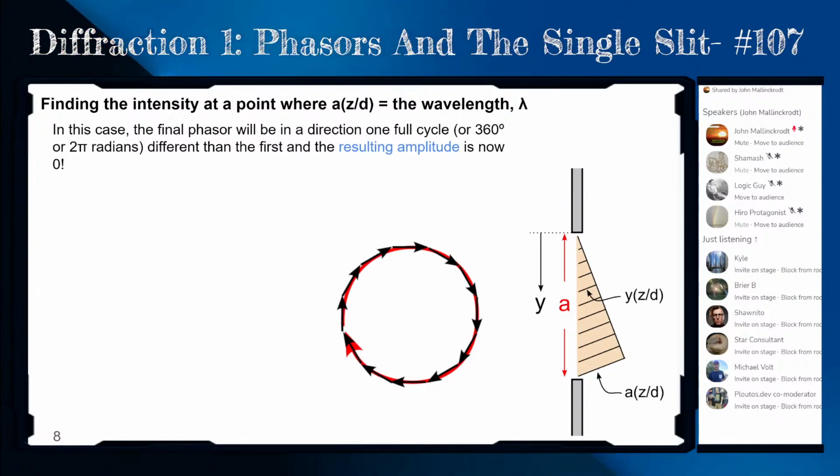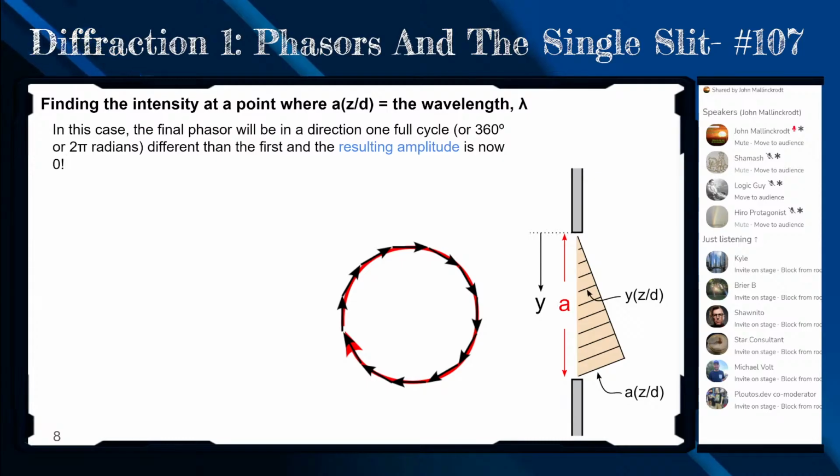I think it should be pretty clear why I'm drawing all the phasors the same length, because I'm going to divide it up into uniform sized microscopic sources. So each one contributes the same amount. That's why the lengths are the same.